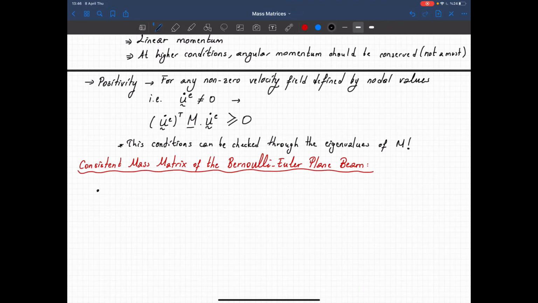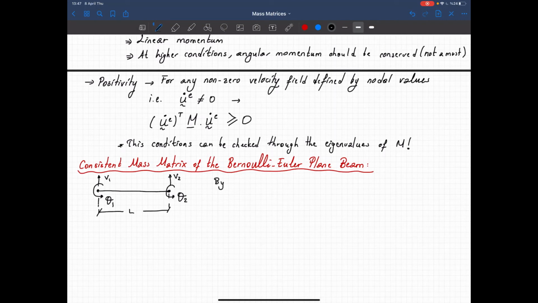So this is our beam element. I have V1, V2, and I have theta 1, theta 2 as my degrees of freedom. That's the length of the member, okay?